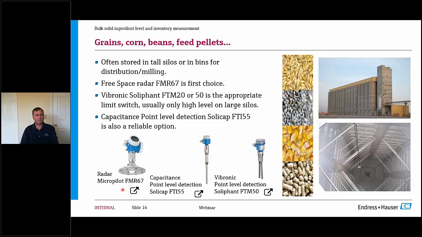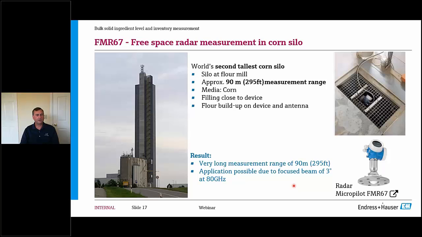So we're looking at this Micropilot FMR67 in this type of silo. This one here is quite impressive. This is a unit that was installed in the world's second tallest corn silo, which was close to 300 feet tall. And as you can see on the picture here, it's quite an impressive silo.